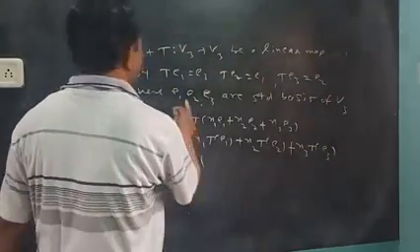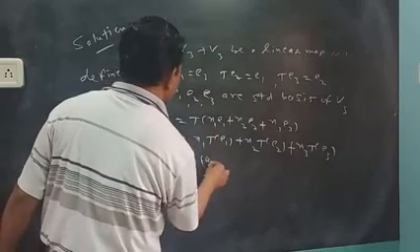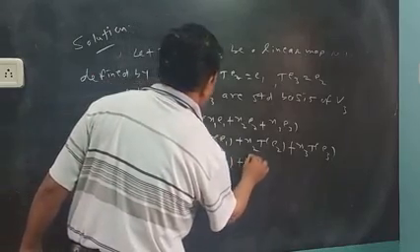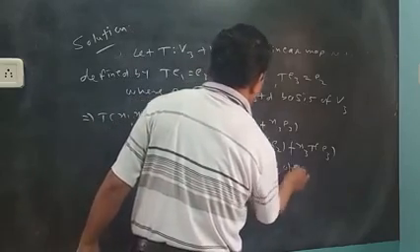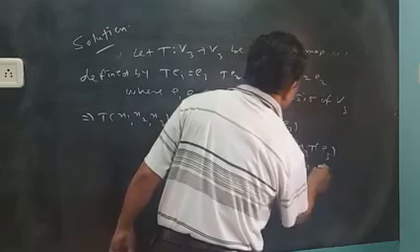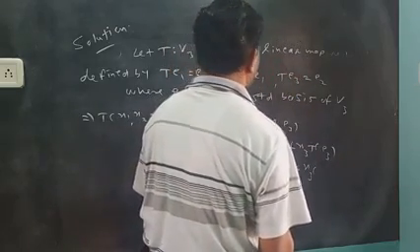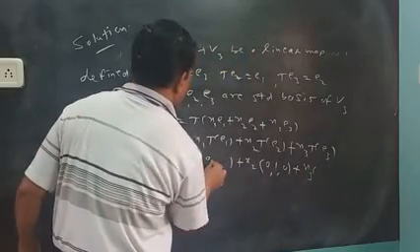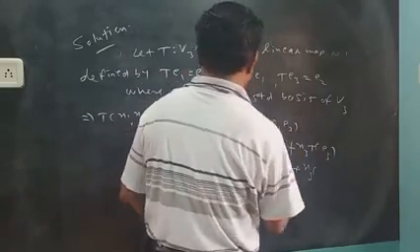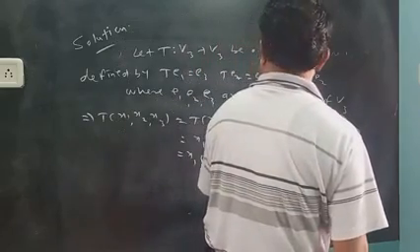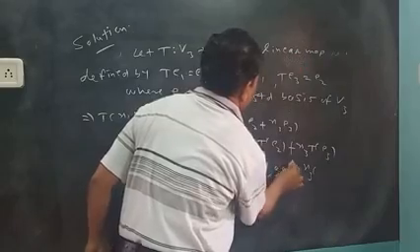T of E1 is E3. E3 means 0, 0, 1. T of E2 is E1. E1 means 1, 0, 0, standard.